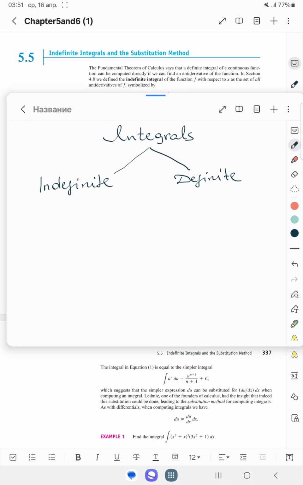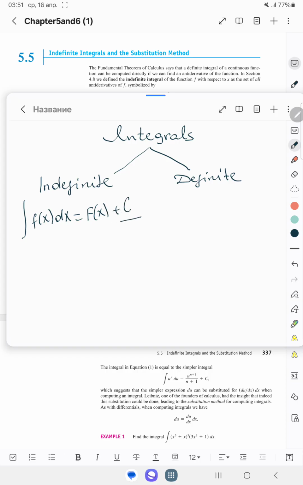Indefinite integrals, I like this. We don't put borders like here and here, nothing. We don't put anything because indefinite. And we have here f(x) dx, and we get big F(x) plus c.